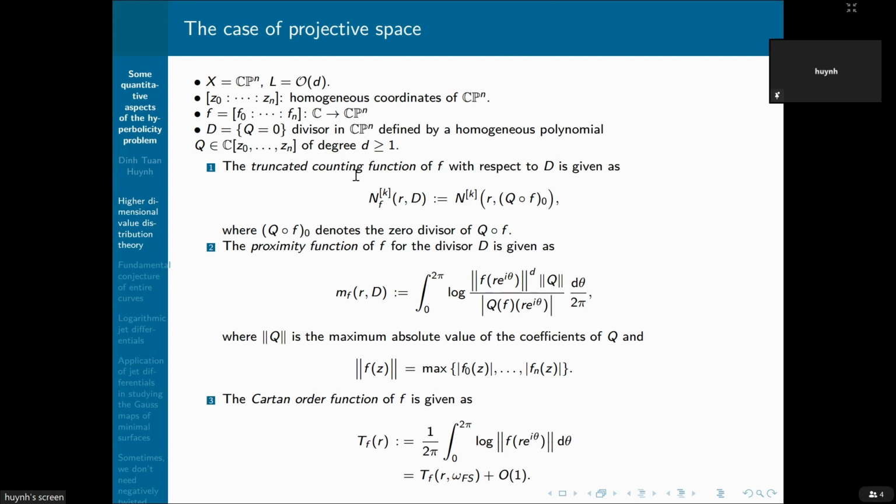Normally we play with the Cartan order function, which is computed with respect to the Fubini-Study metric omega_FS. And if you play with O(d), you should have d times the Cartan order function.